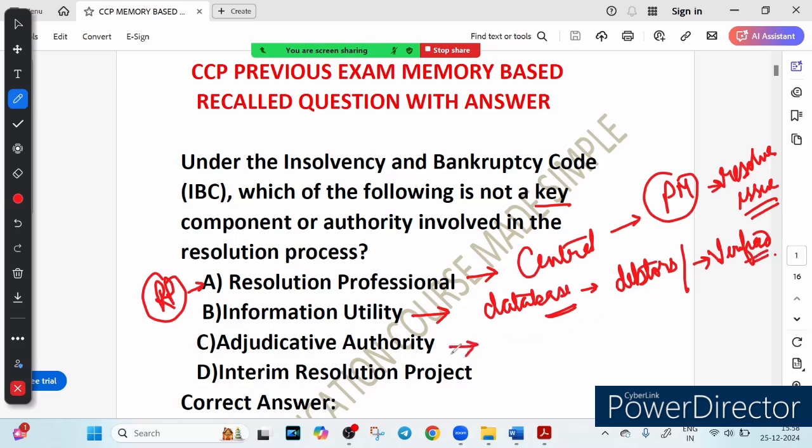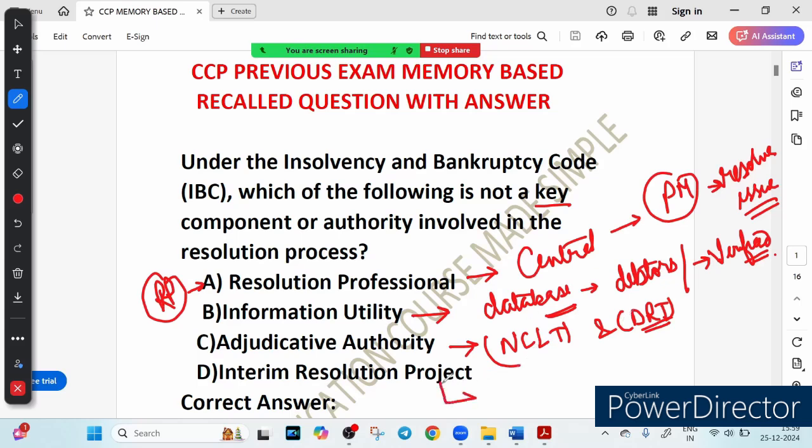So see, if we talk about executive authority, you know what NCLT is, National Company Law Tribunal, and you know about DRT, Debt Recovery Tribunal. So NCLT and DRT act as the adjudicating authority. They approve or reject insolvency applications and ensure fair proceedings. They are like judges in a courtroom, deciding whether a case qualifies for the resolution process or not.